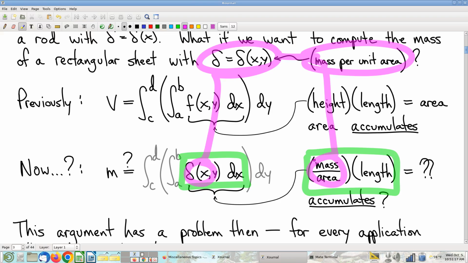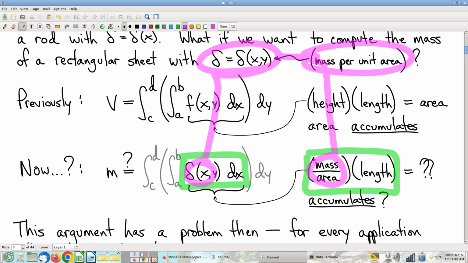So the very first thing that I have to do in this calculation, I've got to figure out what is mass per unit area times length. And that's kind of a mismatch. Mass per unit area, the whole idea is you're supposed to multiply it by areas to get mass. So multiplying it by a length, this is not its intended purpose.